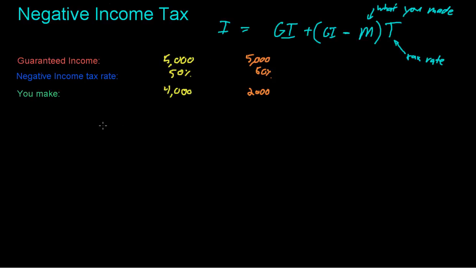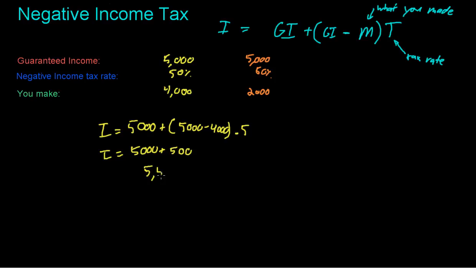Their income for the person in yellow is going to be the guaranteed income, 5,000, plus 5,000 minus 4,000, all of that times 0.5. So 5,000, and then 5,000 minus 4,000 is 1,000, times 0.5 is 500, which is 5,500.